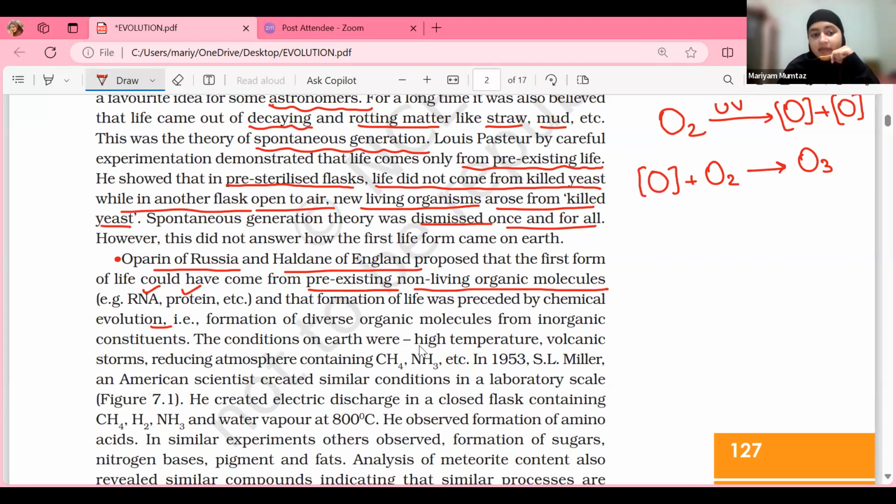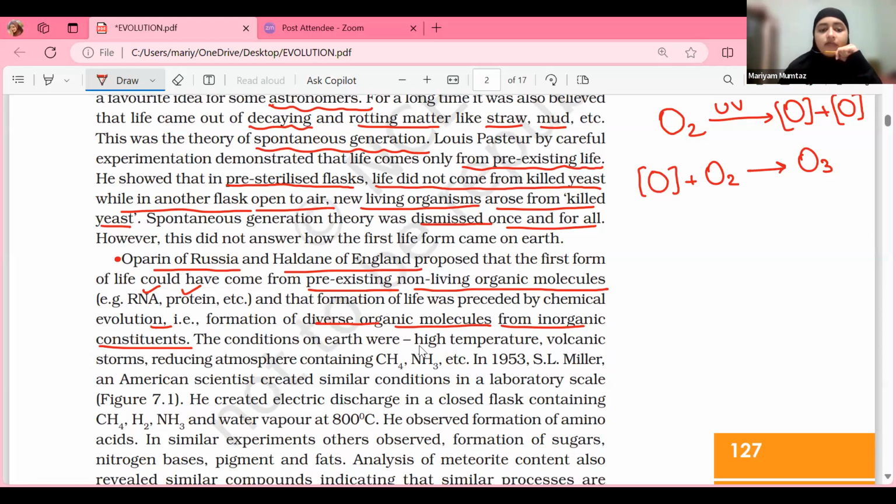So, what is chemical evolution? It is the formation of diverse organic molecules from inorganic constituents. Organic ones are being made from inorganic, meaning nitrogen, phosphorus and everything come together and make the organic molecules. Getting my point?